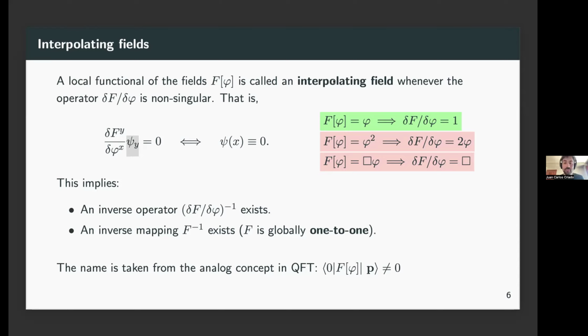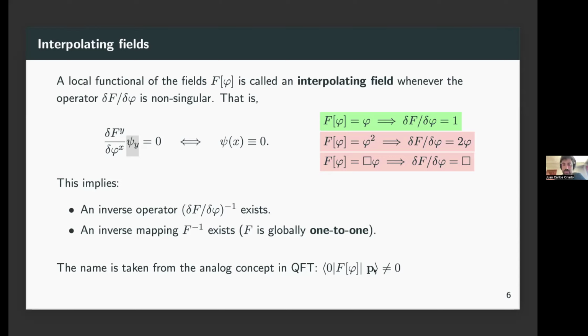And the name interpolating field, which might seem maybe strange, is just taken from the QFT context, in which you have interpolating fields in the LSZ formula, and those are the ones that create states when acting on the vacuum that have non-zero overlap with one-particle states.